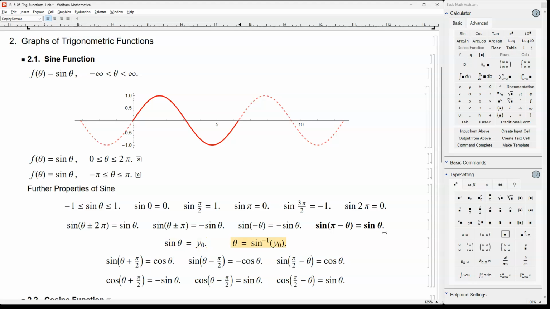But then again, by this property, pi minus of that is also an answer.